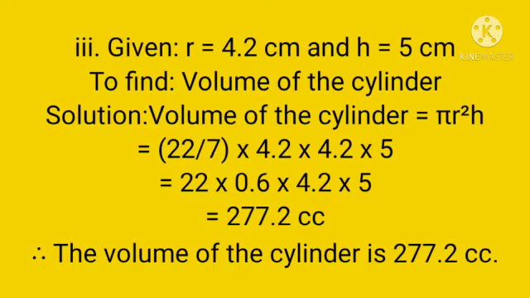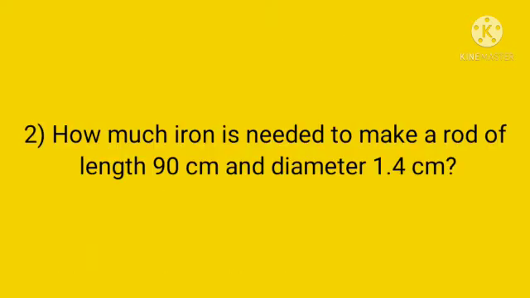Value of pi is equal to 22 upon 7 multiplied by radius 4.2 multiplied by 4.2 multiplied by height 5, which is equal to 22 multiplied by 0.6 multiplied by 4.2 multiplied by 5, which is equal to 277.2 cubic centimeter. Therefore, volume of the cylinder is 277.2 cubic centimeter.